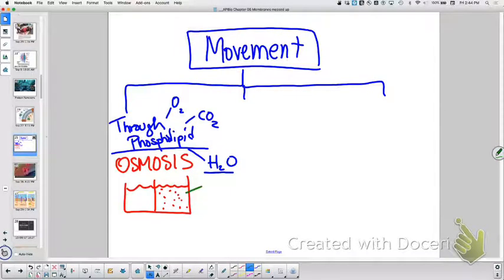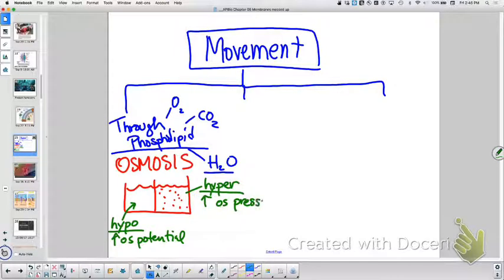What would this side be over here? Hypertonic. And this side would be hypotonic. Which side has the most osmotic potential? Okay, so this one has high osmotic potential, whereas this one has what? High osmotic pressure.